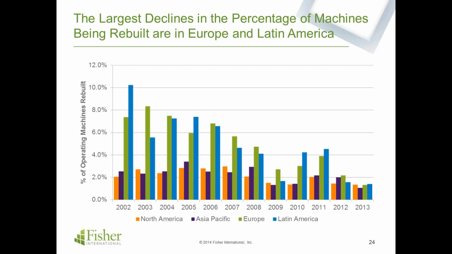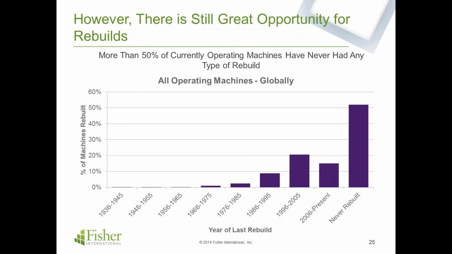So we might look at that and say, gosh, that's kind of depressing. But I actually think there's some good news, because what we see is that there's still a pretty good opportunity for rebuilds. Now, I'll tell you, this surprised me when I looked at this, that half of the operating machines in the world have never been rebuilt. Now, again, I want to make sure that I'm clear. It doesn't mean that they've never had any work done to them.